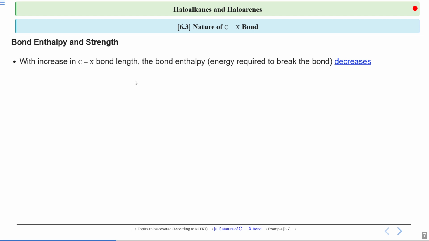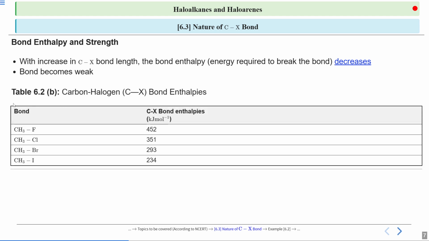So that's why we are saying that when the bond length is increasing in the carbon halogen bond, the bond enthalpy, or the energy that you provide to that bond to break it, is decreasing. You will need a lesser amount of energy to break that bond. So the bond becomes weak. What does it mean? You require lesser energy to break the bond, which means the bond is becoming weak.